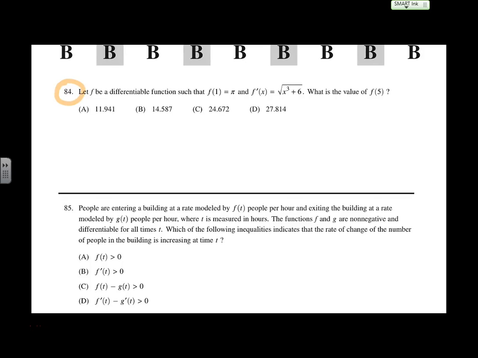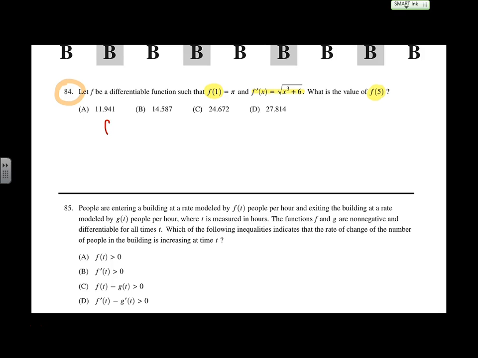Kiddos, what forever card must you think of when they're asking for one function value, they've given you another function value and a derivative? There's one forever card that puts all that together. Say it louder. Integration is net change.